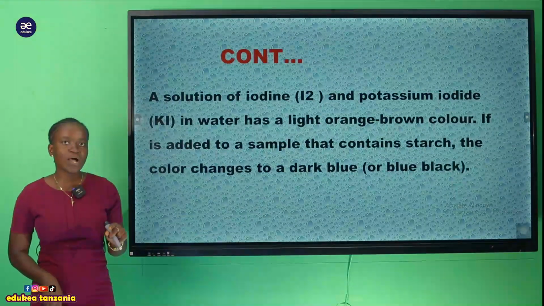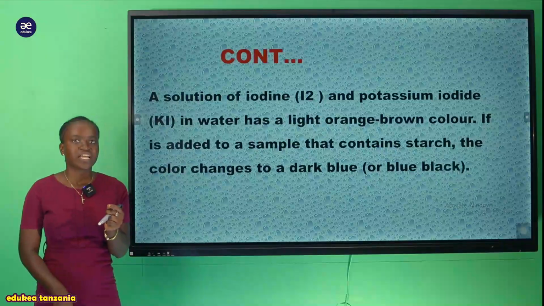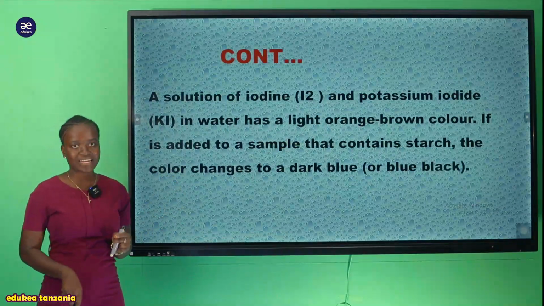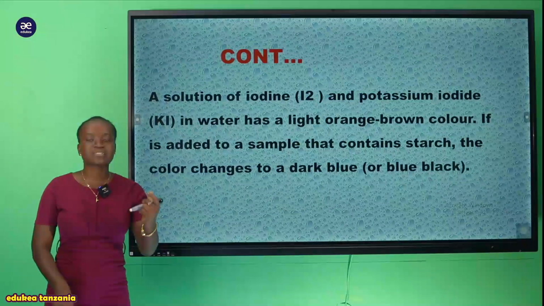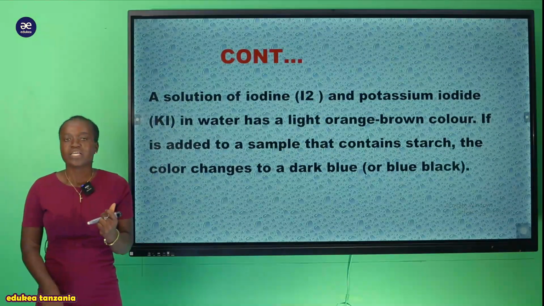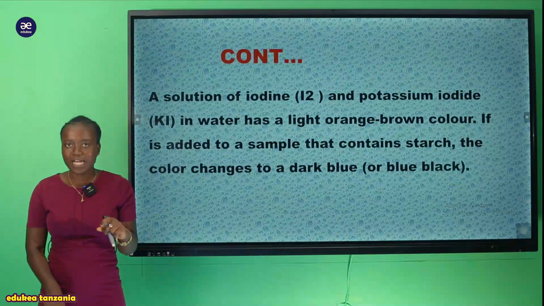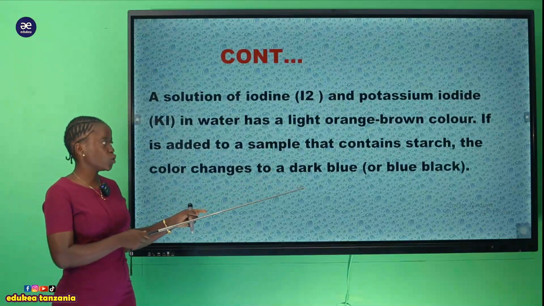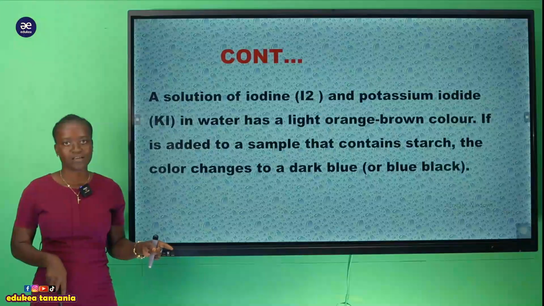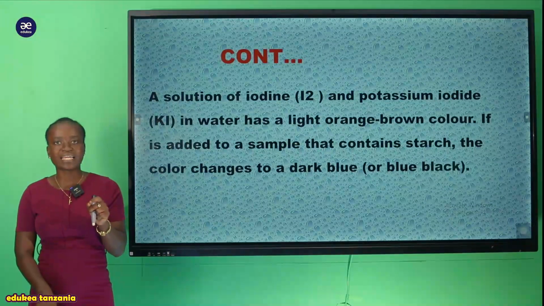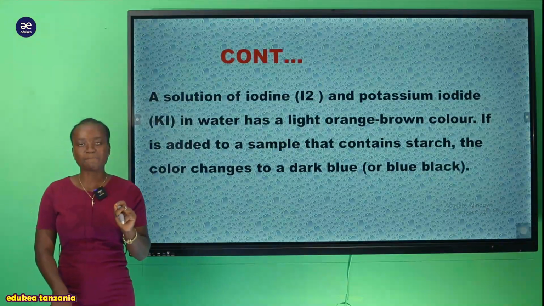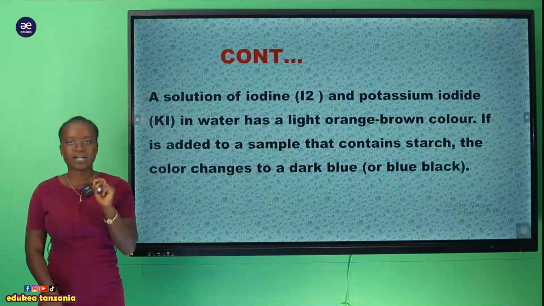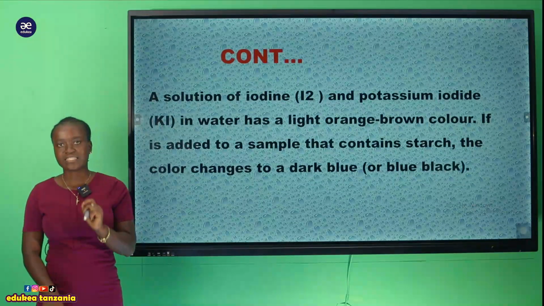So if you take the mixture of iodine molecule together with potassium iodide and add it to your sample, your sample will change its color to dark blue or blue black. The presence of blue-black means that in your sample or solution there is a presence of carbohydrate, that is starch.